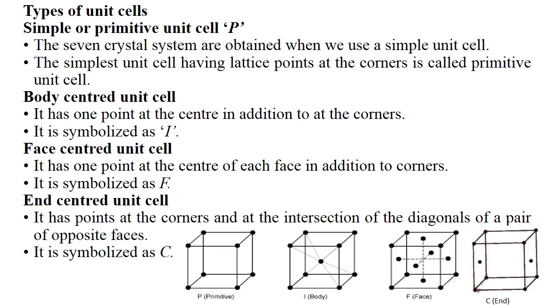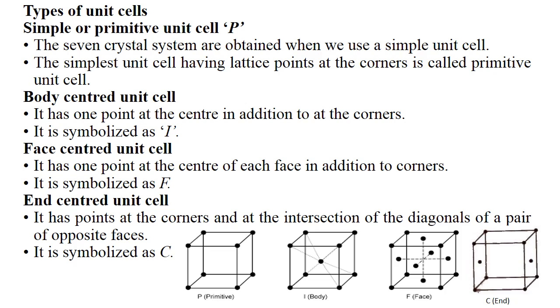The third one is the face-centered unit cell. It has one point at the center of each face of the unit cell, and in addition to the faces, points are also present at the corners. Each face-centered unit cell has 6 sides and 6 faces.